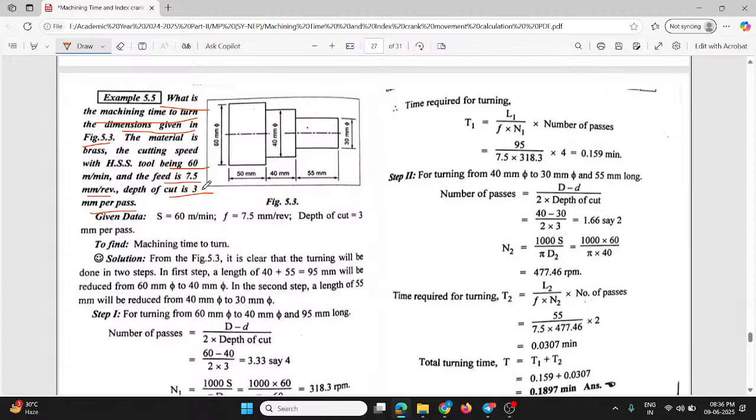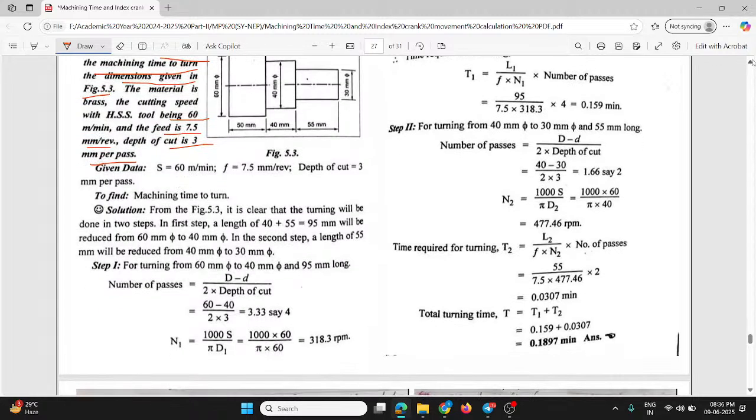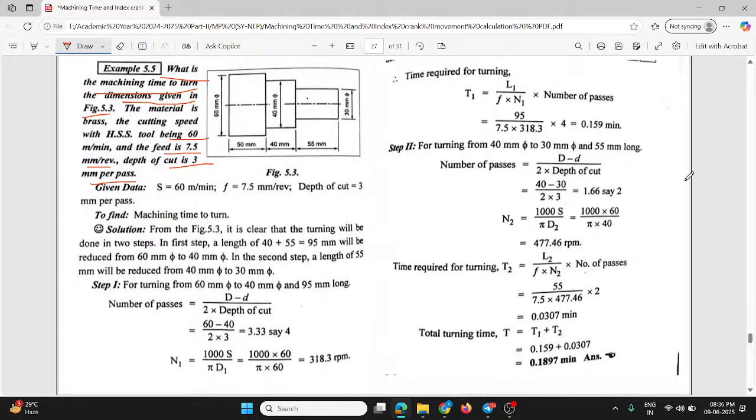So in the similar way you can solve this numerical. First of all, you can write down the machining time calculation formula, that is T is nothing but equals to L divided by F N, that is for 1 pass, and multiplied by the number of passes.